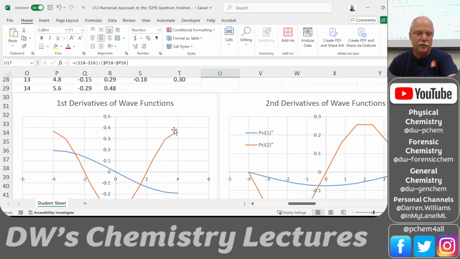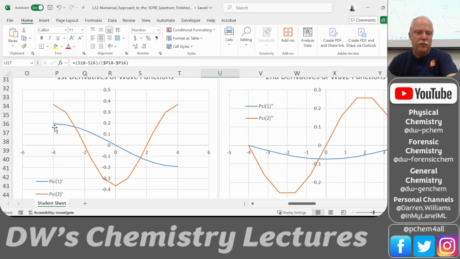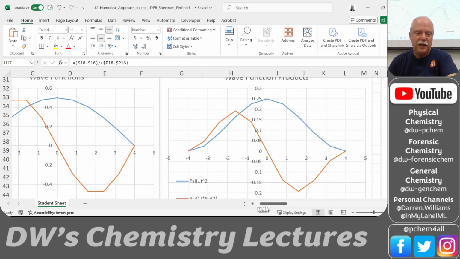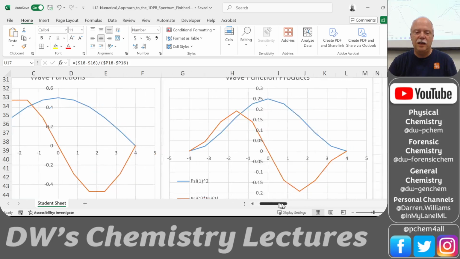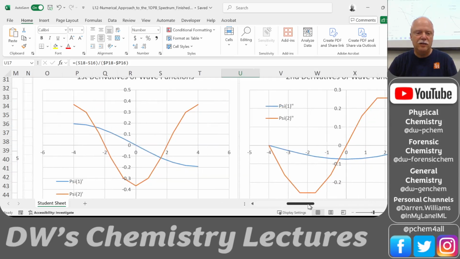We can plot those. So remember for the wave function for psi, let's just look at the blue curve. You see it's a sine function. And so what's the slope of that blue curve? It's coming right out of the end of the box with a slope of 1. That's cosine. So it should look like a cosine, and it does.